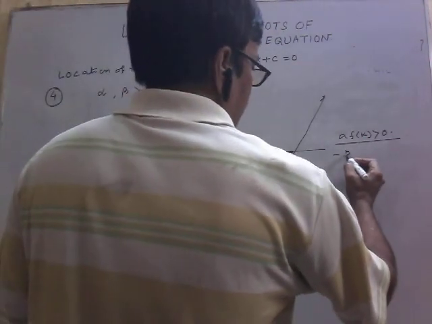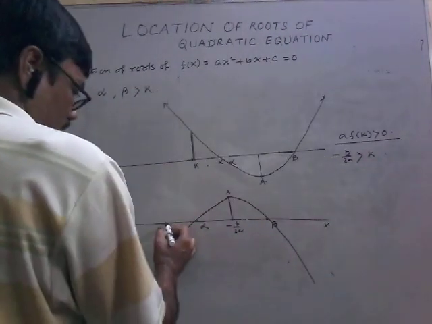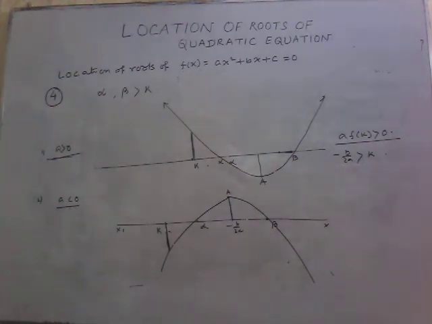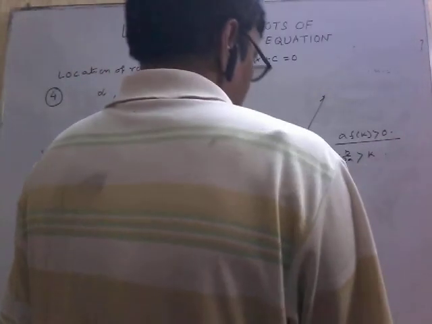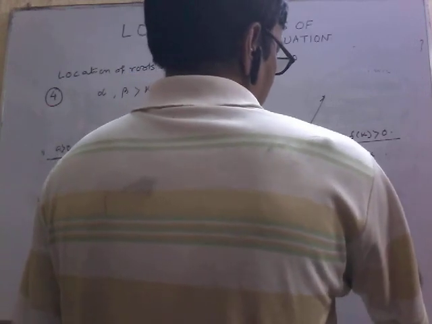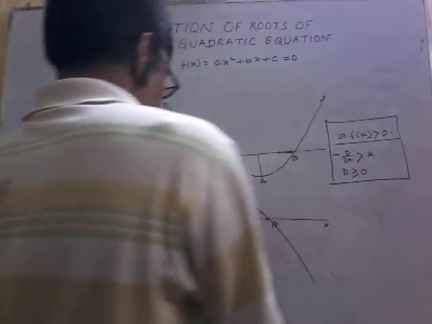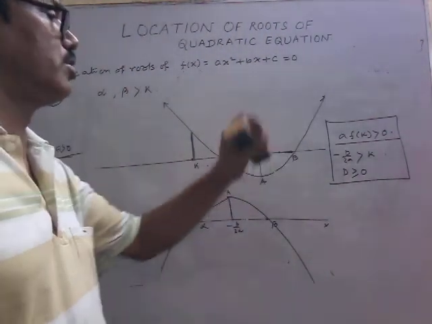The vertex is to the right of k. So minus b by 2a greater than k. And obviously b square minus 4ac greater than or equal to 0. It is given, or not? 2 roots. It cuts the x-axis at 2 points. So this is common.